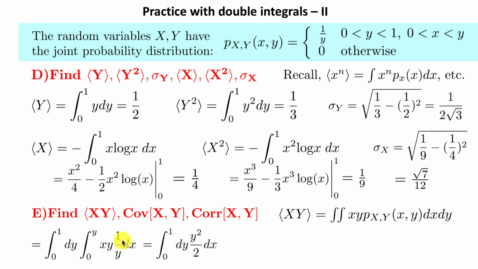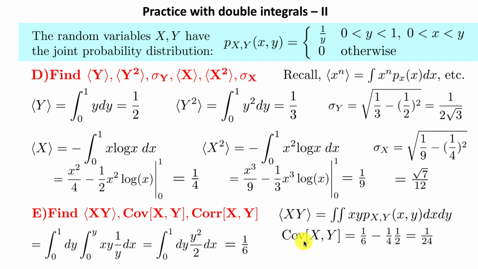This y cancels this y, and the only thing is the integral over x, which between 0 and y gives you y squared over 2. And so we are left only with this integral over y from 0 to 1. That, of course, is 1/6. And so we have the average value of xy equal to 1/6.